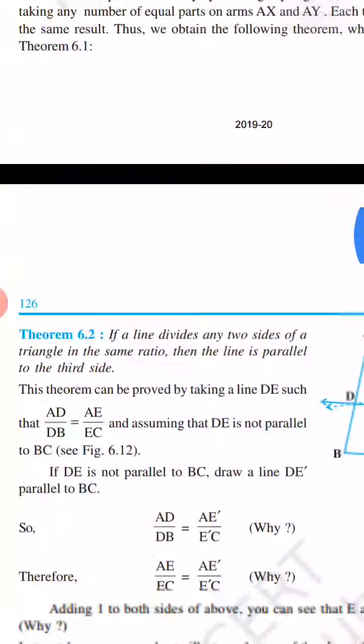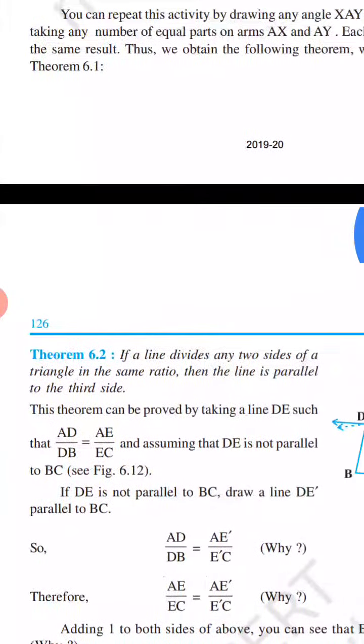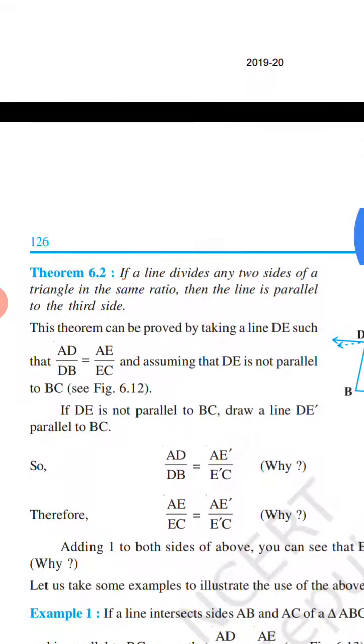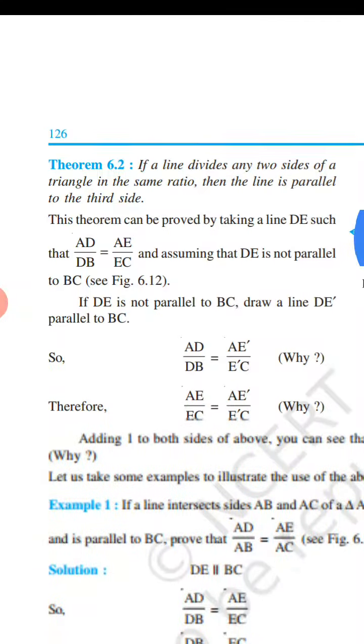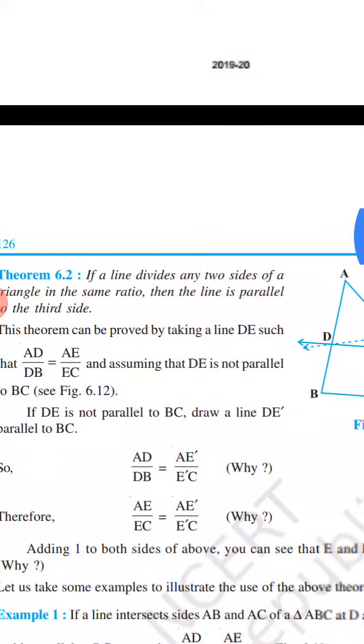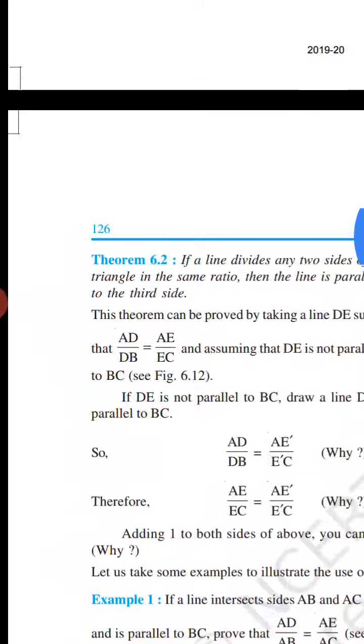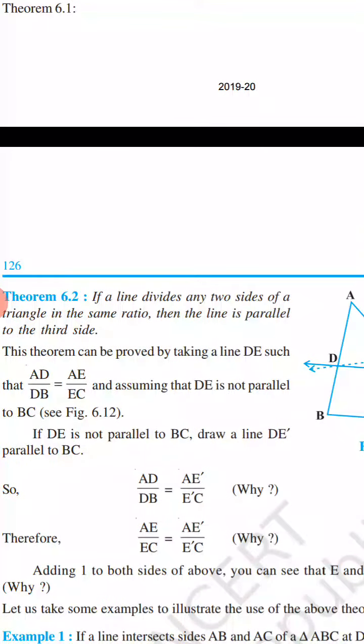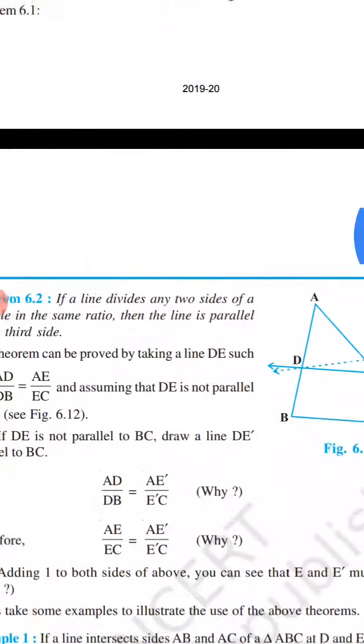Now another theorem, 6.2, is there: if a line divides any two sides of a triangle in the same ratio, then the line is parallel to the third side.